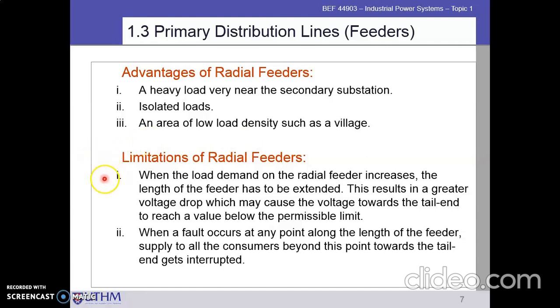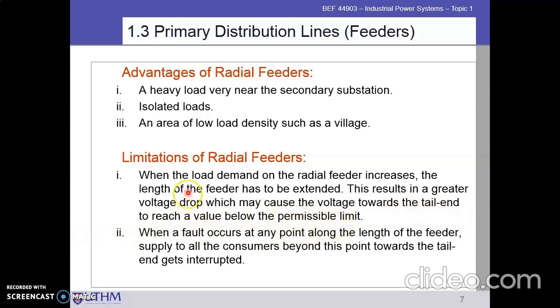And then these are the limitations of the radials. The first one is when the load demand on the radial feeders increases, the length of the feeder has to be extended. This results in a greater voltage drop, which may cause the voltage towards the tail end to reach a value below the permissible limit.